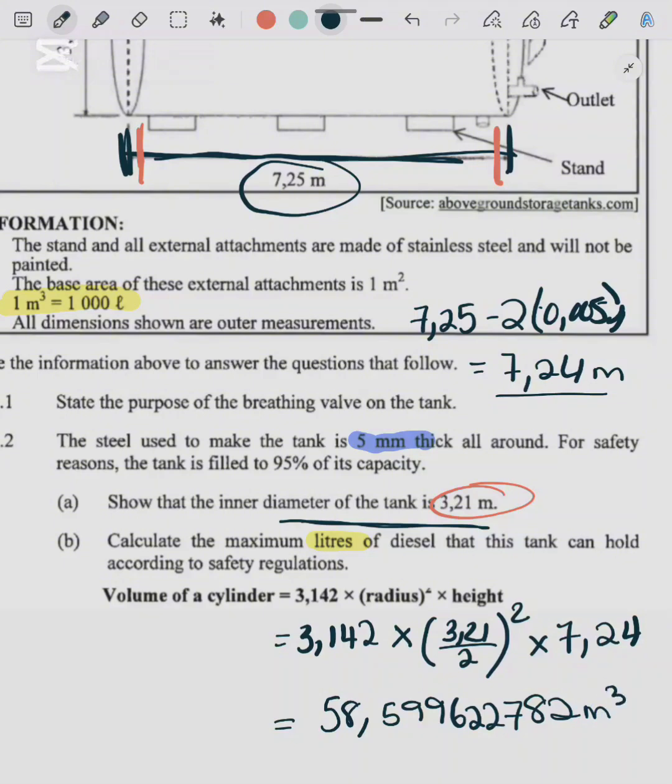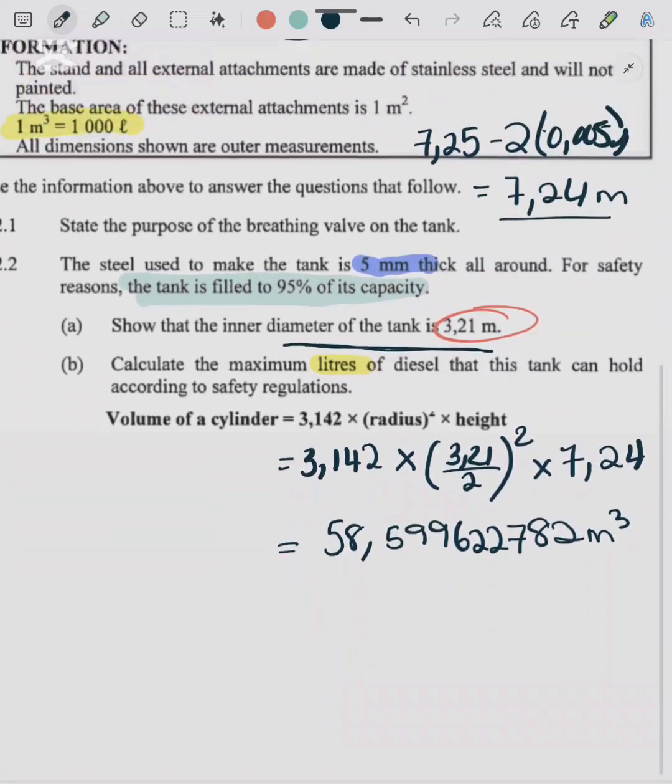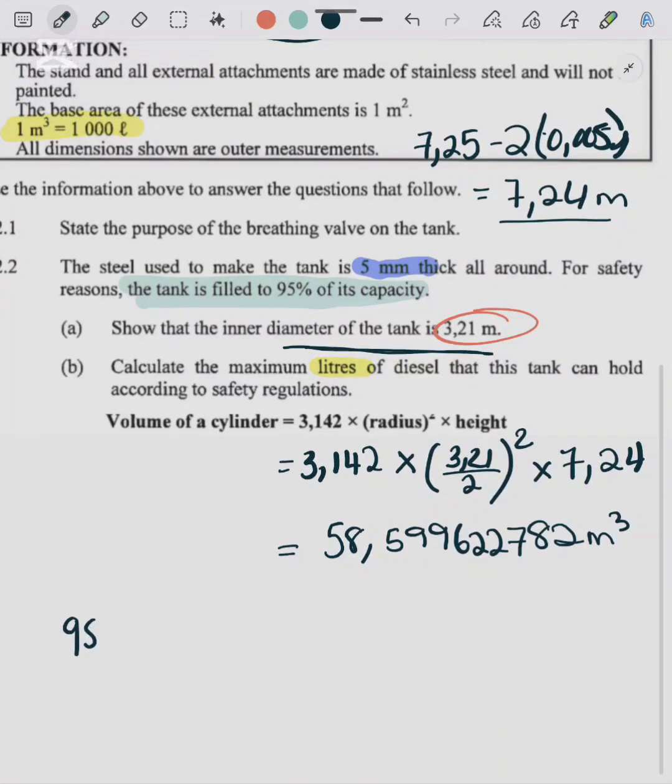Now the next thing we need to remember is they're wanting to know about liters of diesel, and they do tell us in the question that the tank is only filled to 95% of capacity. That means we don't need to work out for 58 meters cubed. We actually need to work out what is 95% of 58,599.